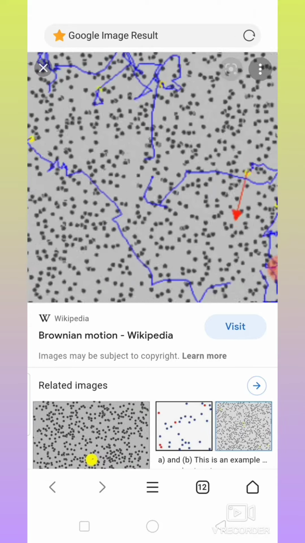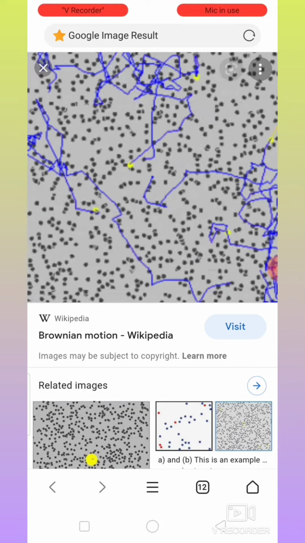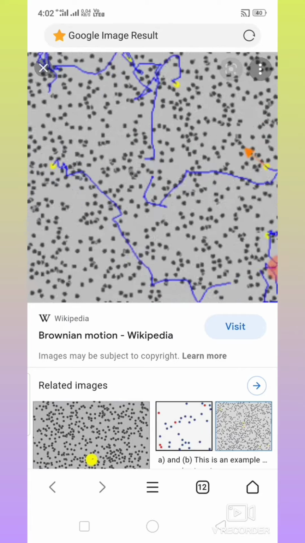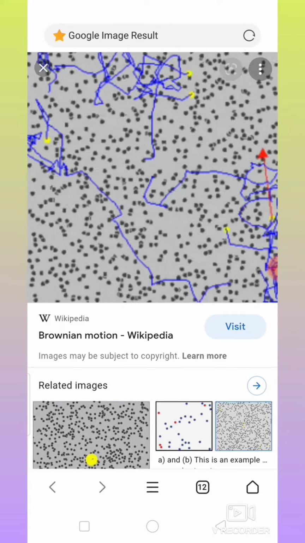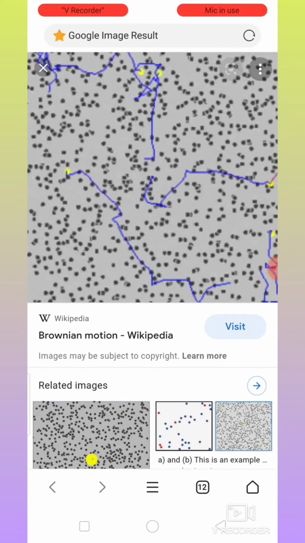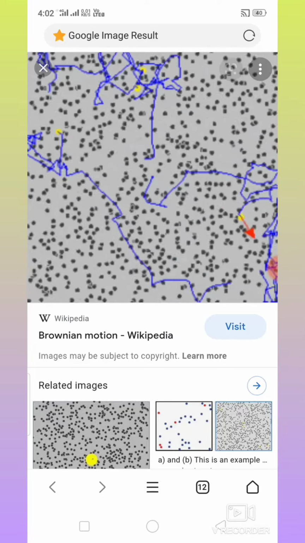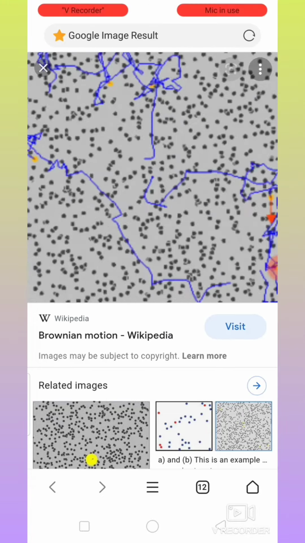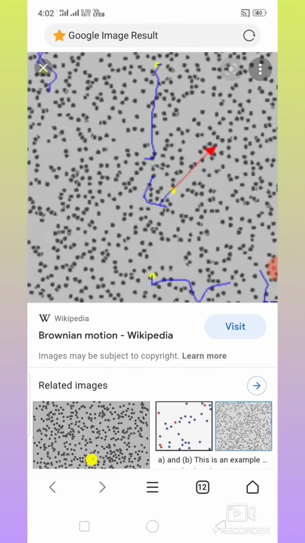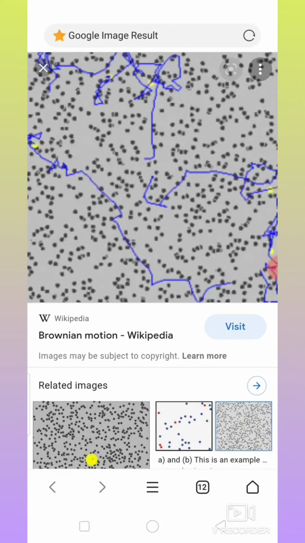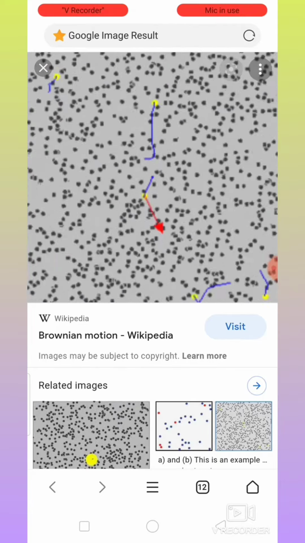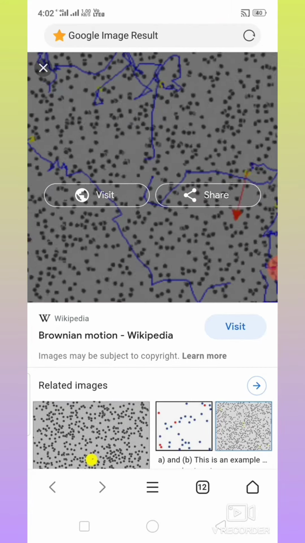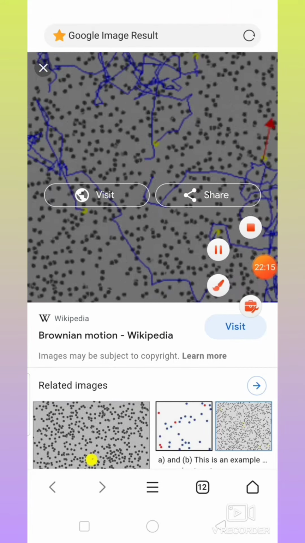The Brownian movement of colloidal particles is due to the unbalanced bombardment of the particles by the molecules of the dispersion medium. So, the colloidal particles will not move in a proper direction. They move randomly in a zigzag way, as shown in the slide. I hope you understand this concept, Brownian movement.